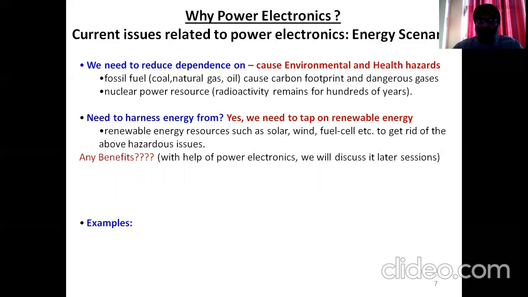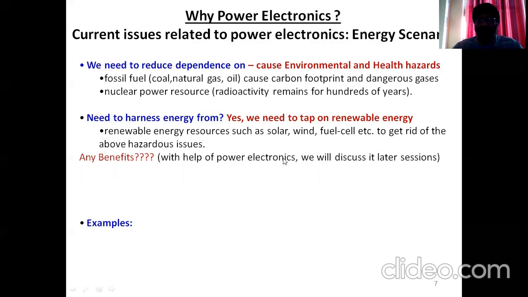And there is the radioactive substance emitted by nuclear power resources. So to get rid of all these issues, why not go for renewable resources? And how to get benefit from renewable resources?